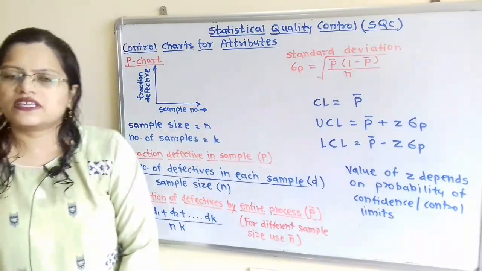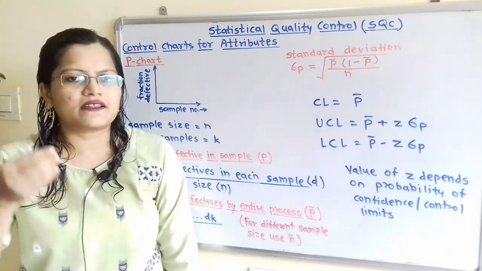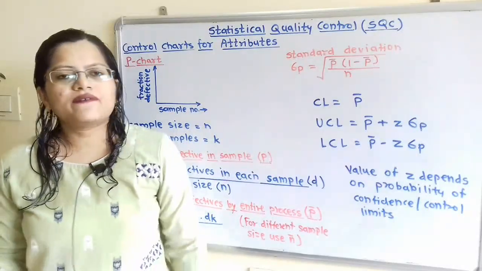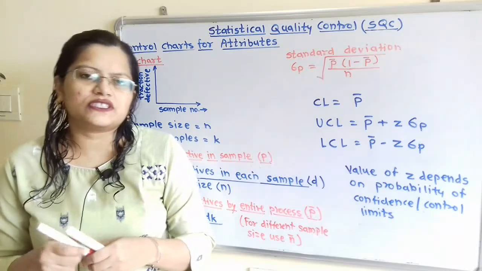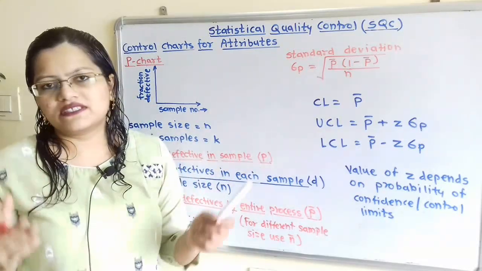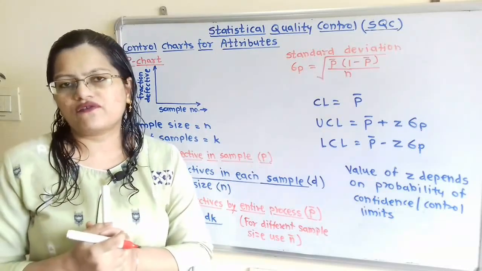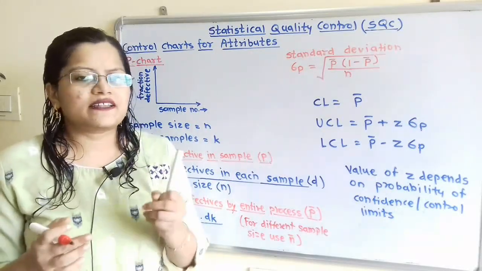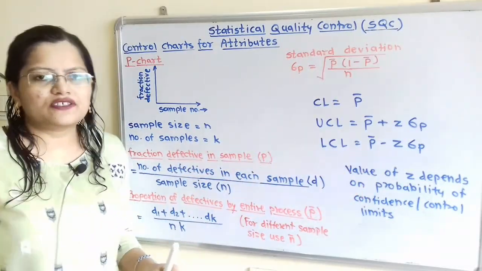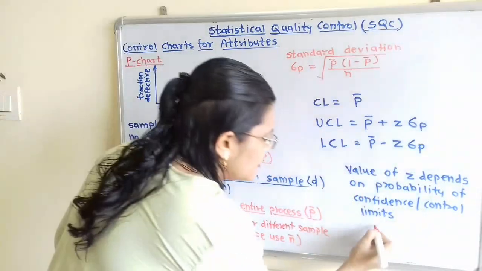Now suppose in the question some error is given, that is the error in percentage, say 2%. So there is a probability of this error. Then what is the probability of confidence? A 2% error means the probability of confidence is 100 minus 2, that is 98%.